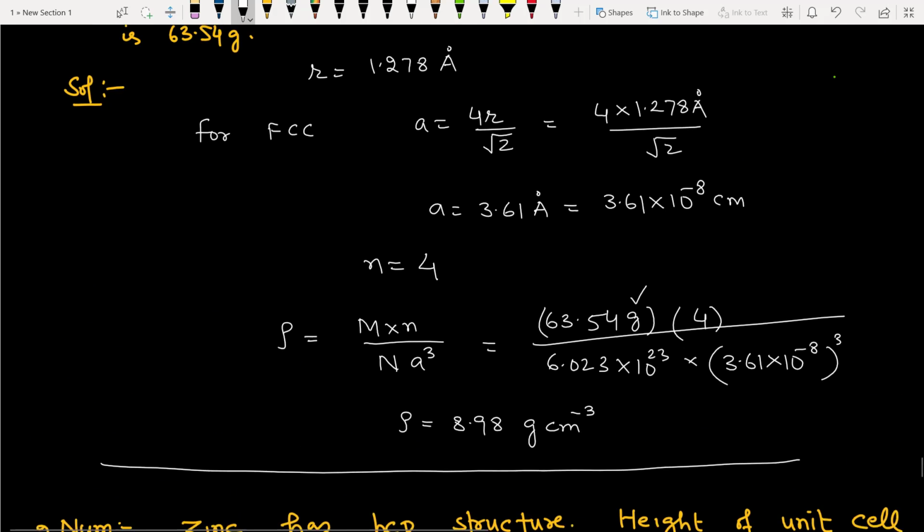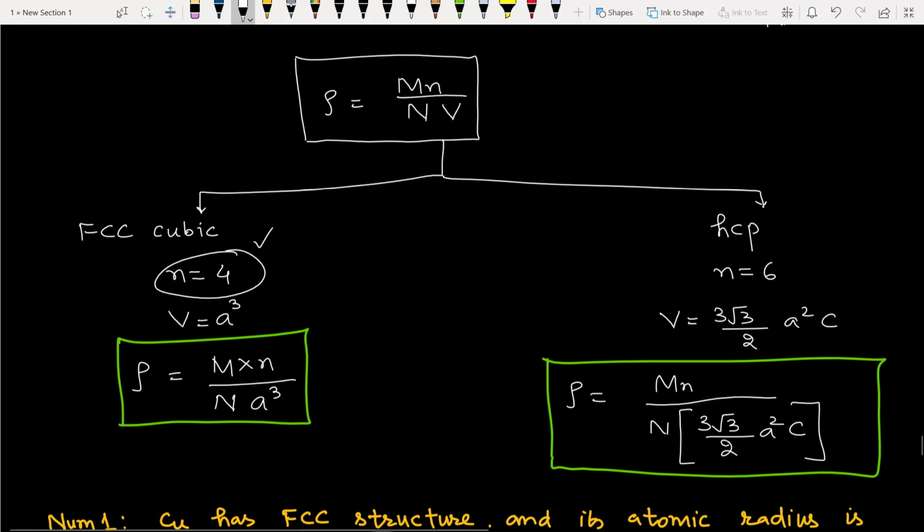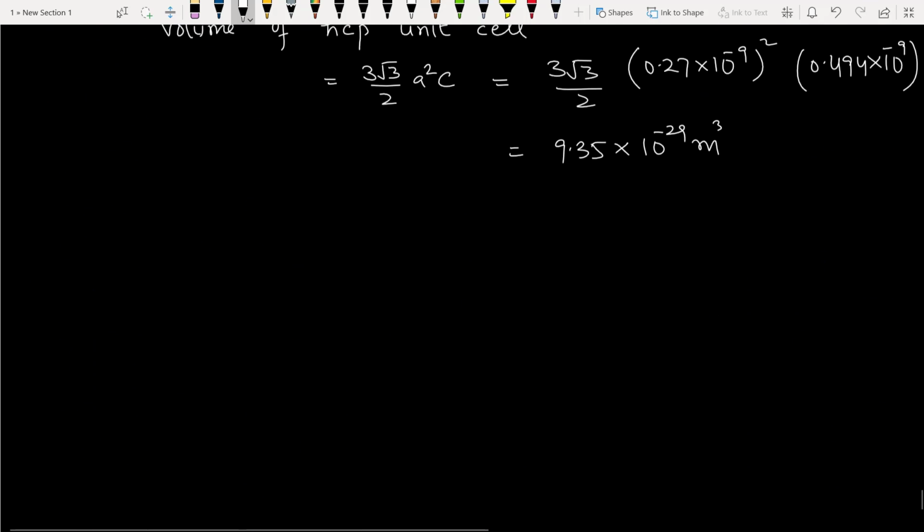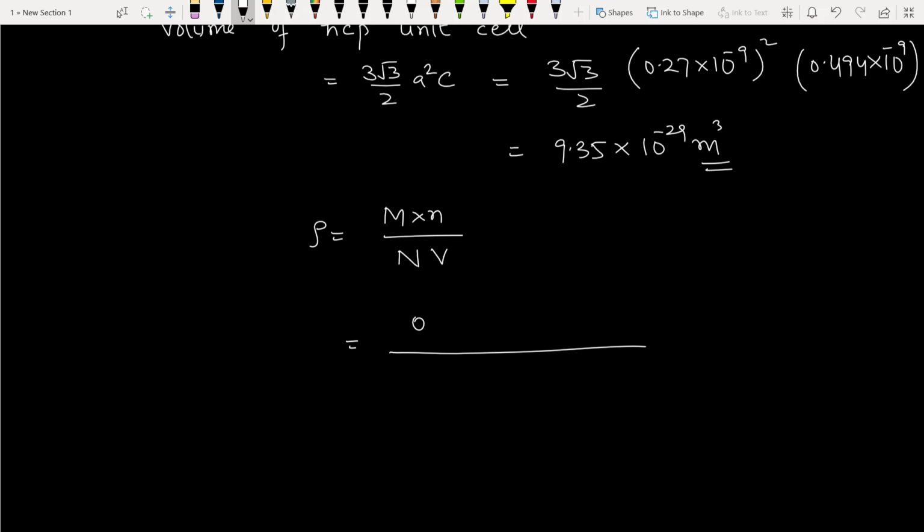Now we come to density. Formula for density is M into small n divided by capital N into V. Here we use the SI system, so we convert mass into kilograms. Capital M is 65.37 gram, so it is 0.06537 kilogram.